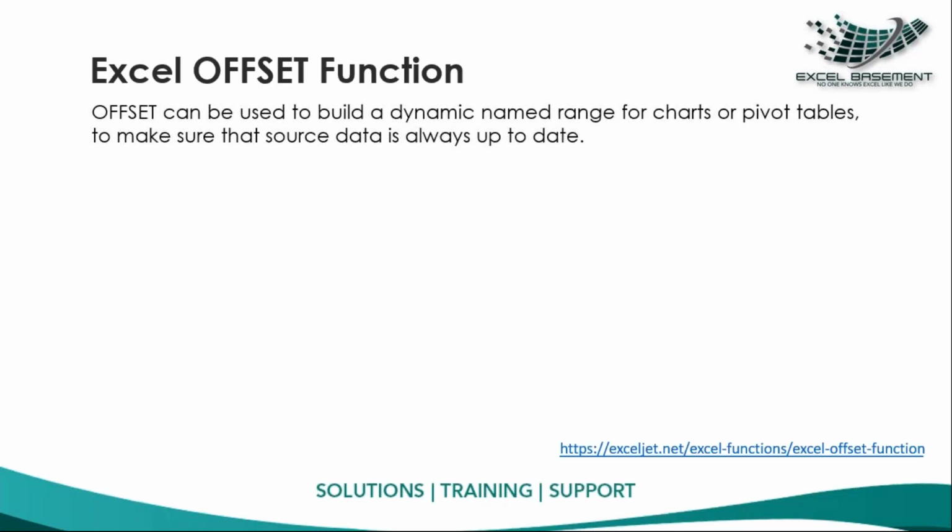Now the usage, because you are thinking about where we can use this function and what the main purpose is. The first usage is that offset can be used to build dynamic named ranges for charts or pivot tables. If you want to make dynamic named ranges for charts or pivot tables and you need to update them always, you can use the offset function.